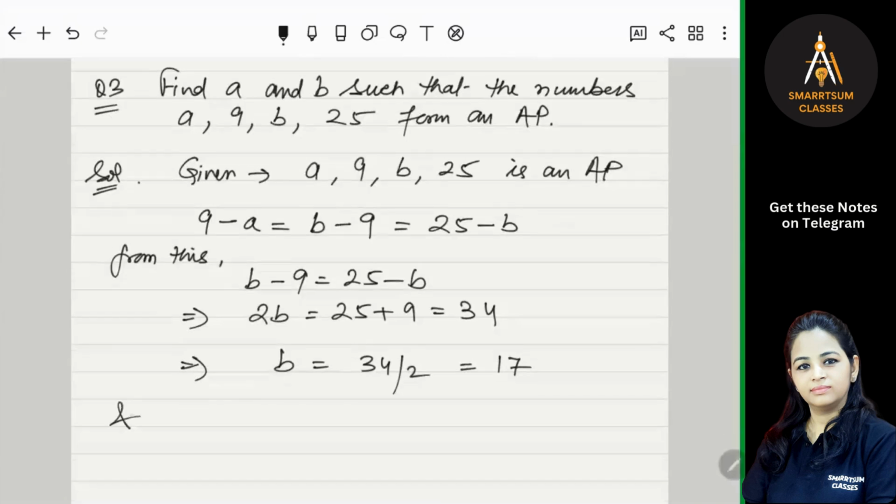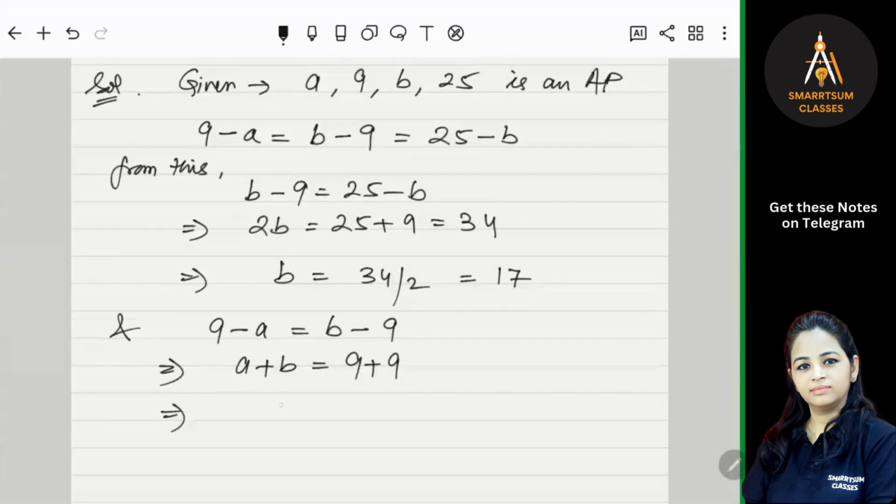Now, 9 minus A is equal to B minus 9. Considering this, right? From this, we can write that A plus B is equal to 9 plus 9, right? Rearranging the terms. Okay. That is A plus B is equal to 18.